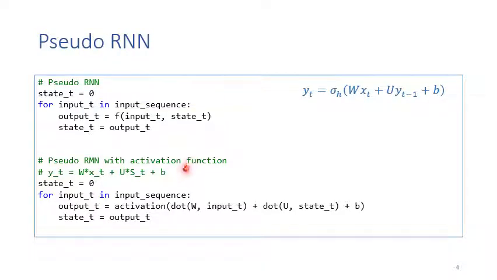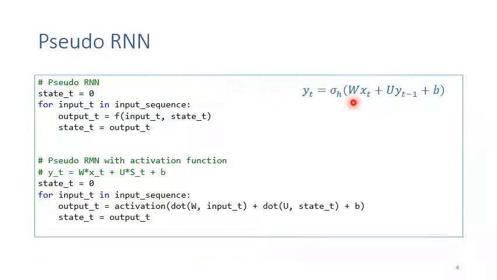Okay, the more formal version of Pseudo RNN is here. Now we replace the function f with the more formal activation function like this one. So for the input xt, and the previous output yt-1, which is our state, each one has a weight matrix.